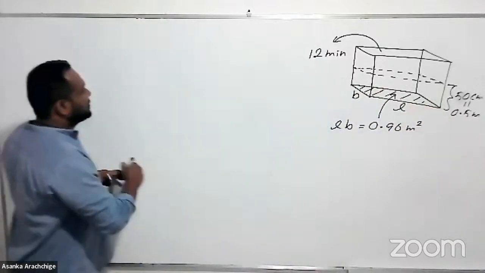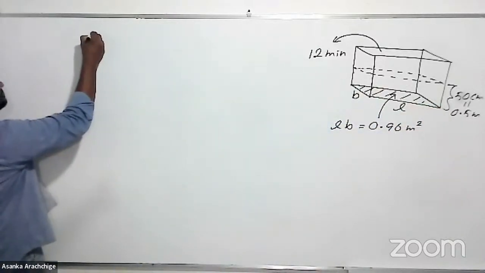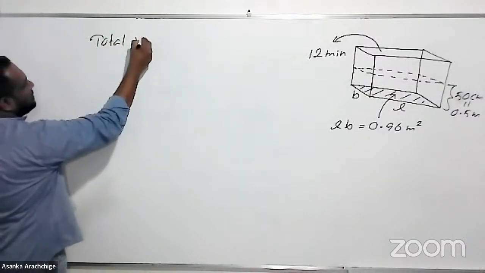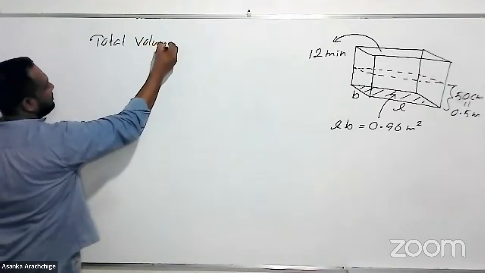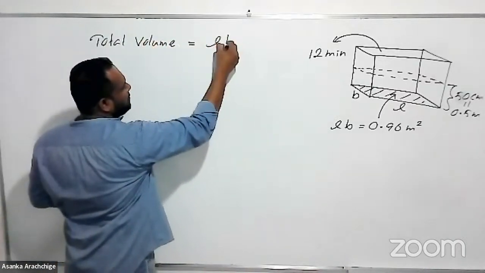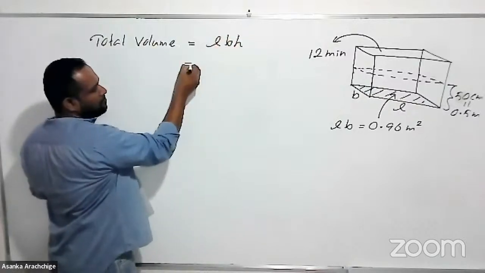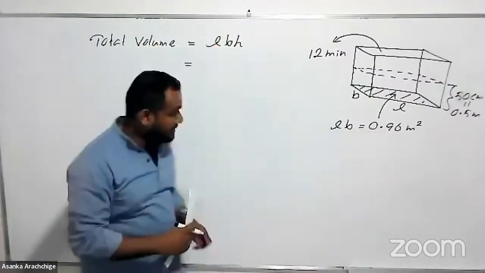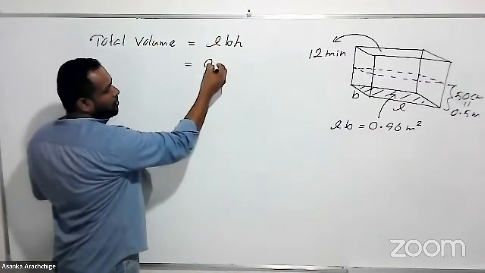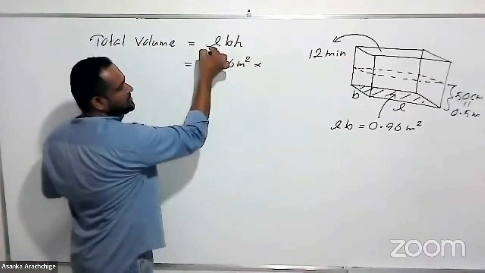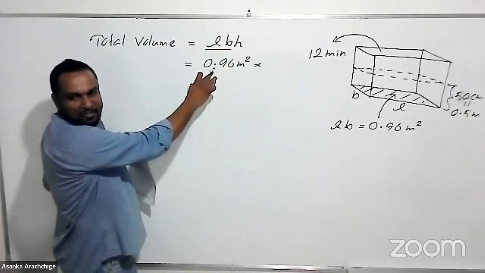Right. Therefore, the total volume is equal to length into breadth into height, but length into breadth is 0.96 square meters. This is the product of length and breadth.